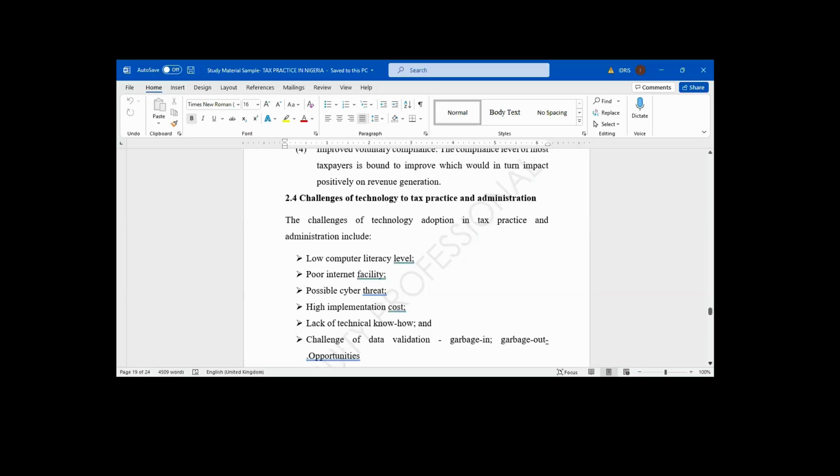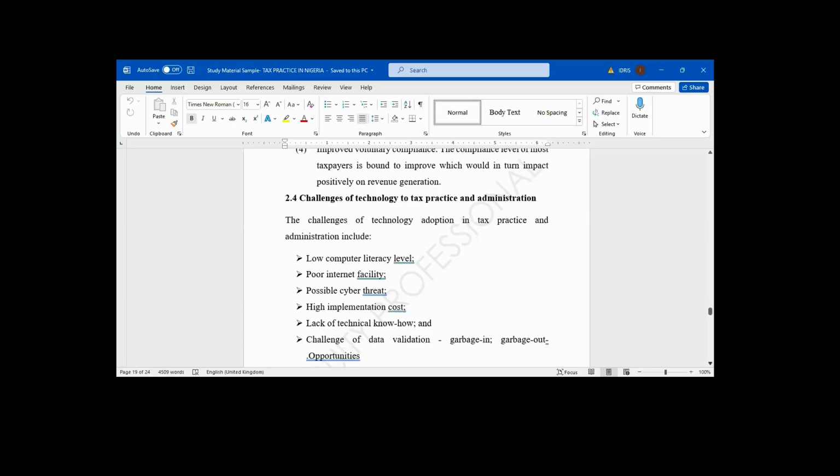Another challenge of this technology to tax practice and administration is high implementation costs. The cost of implementing all this social media technology, artificial intelligence, mobile apps, cloud computing is not free. You have to pay. You have to subscribe.